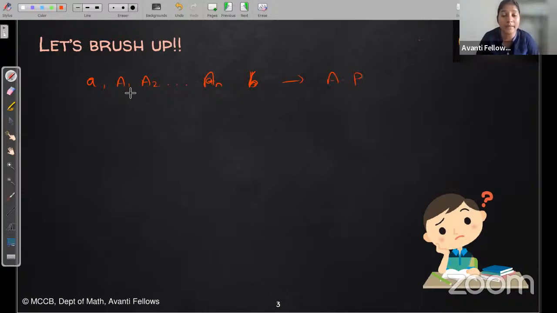Then how do we find the Rth term, AR, that is, the Rth arithmetic mean? We discussed this three classes ago when we were discussing the arithmetic mean concept, isn't it? So answer in the chat box. What will AR be equal to?